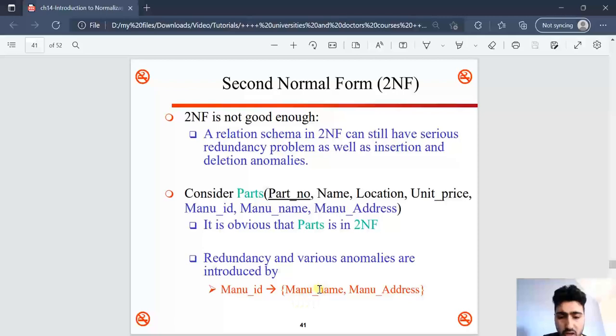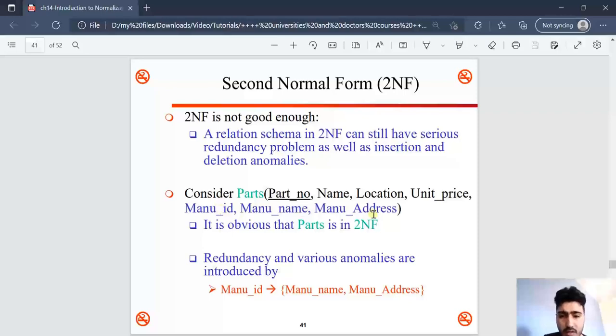So manufacturer name and manufacturer address depend on the manufacturer ID. 2NF has no problem with this functional dependency, because 2NF only considers that non-prime attributes like manufacturer name and manufacturer address should fully depend on the part number or the primary key, and this is true, but it doesn't tell us anything about a non-prime attribute depending on another non-prime attribute like the manufacturer ID here.